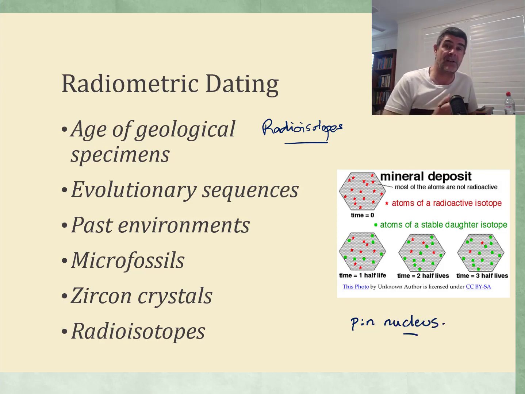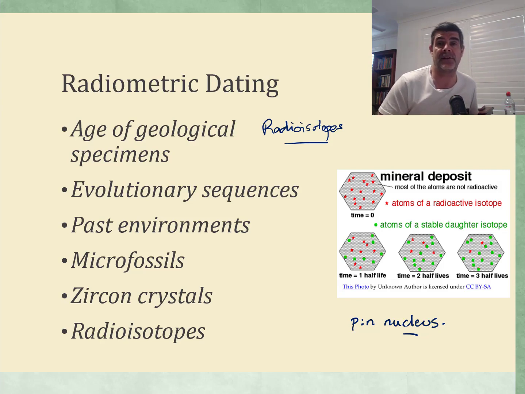If this ratio is not ideal, then the nucleus can radioactively decay, release particles of radiation, or at least radioactivity, and therefore that atom will be transformed into a different type of atom.